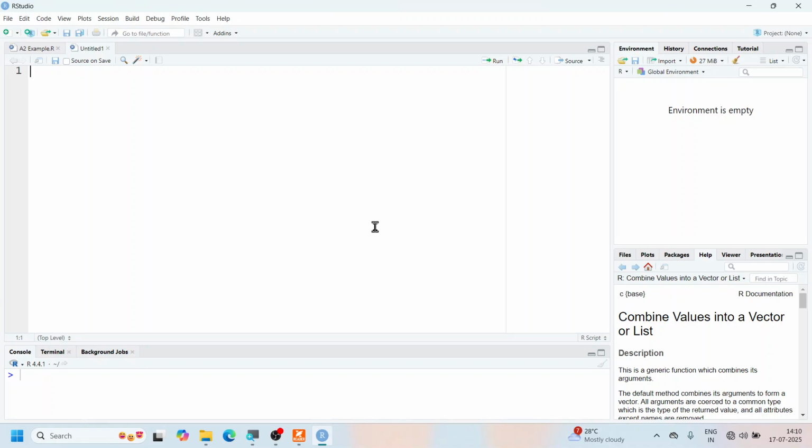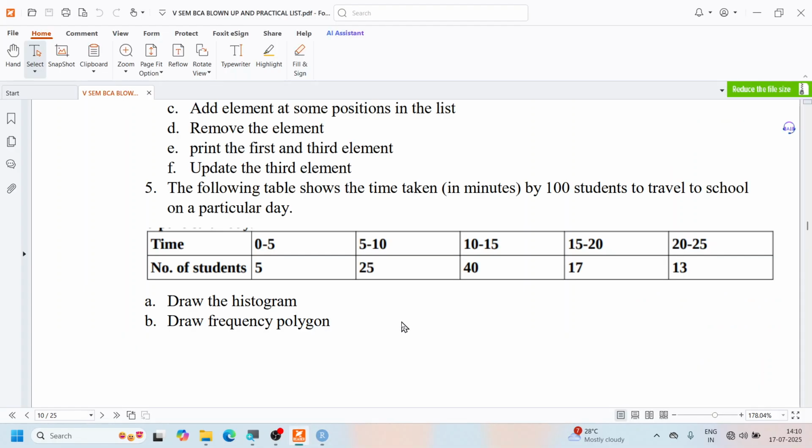You can take L as the lower limit, or you can take LL as the lower limit. It's up to you how you want to name it. Let me take L itself. So the lower limit is a sequence that starts from 0, then goes to 5, 10, 15, and 20.